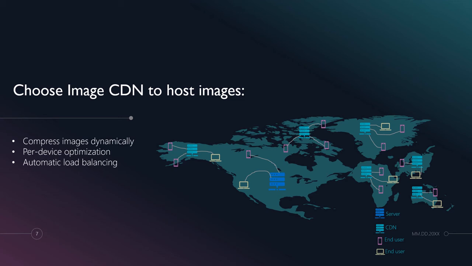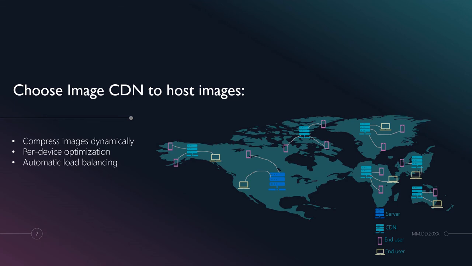So, what is image CDN? The principle behind the image CDN is the same as a normal CDN. However, the main difference is that it optimizes the serving of images depending upon the requesting device and their network.